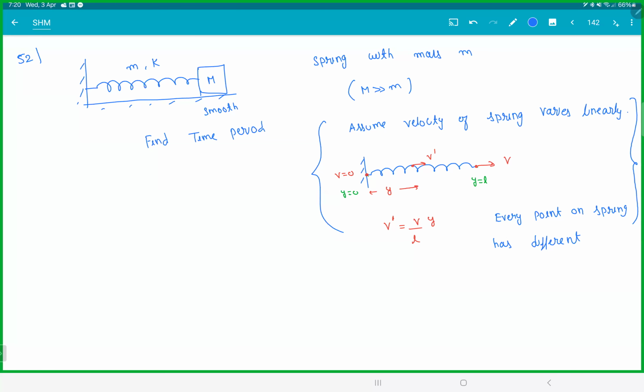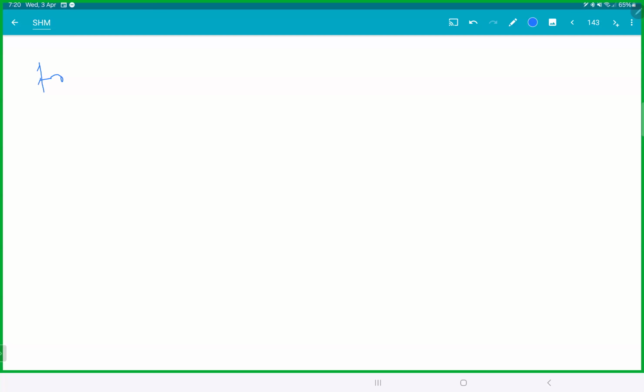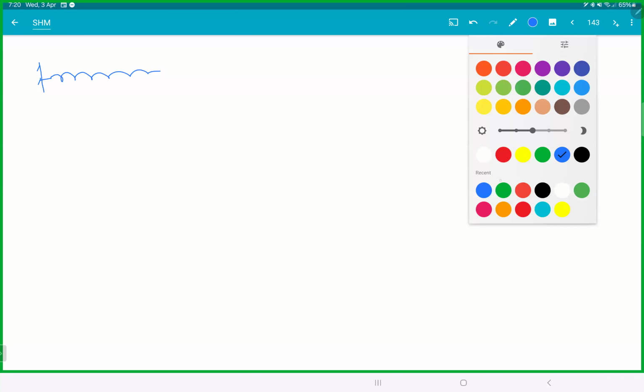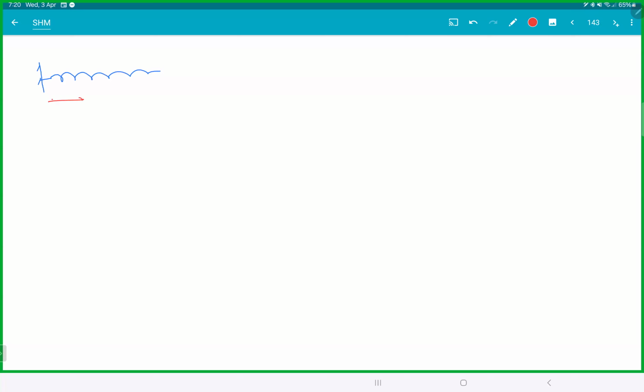See, if I write the total energy here: half mv square, half kx square. This is for the block. This is for the spring. And the kinetic energy of the spring, because the spring also has a mass. Now this is a problem that we don't know. But now we know the velocity profile. From there we can find, at a distance y, we take a small piece dy.